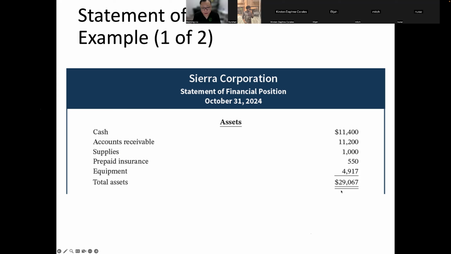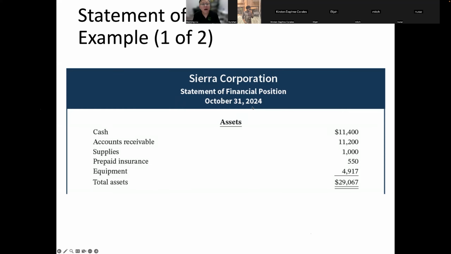So in this example, again, for the statement of financial position, there are three header lines: the name of the company, the description of the statement, and the date. This here is not a period of time. This is a specific date. So it's not for the month ended October 31st.